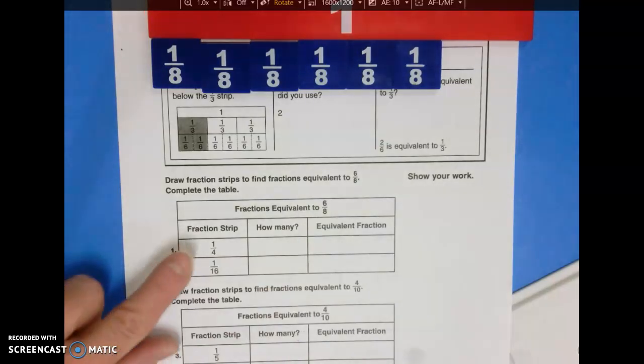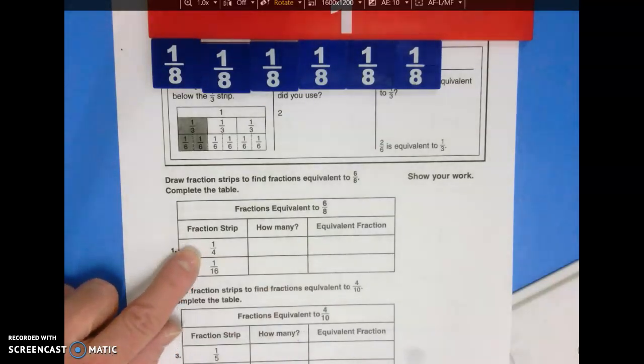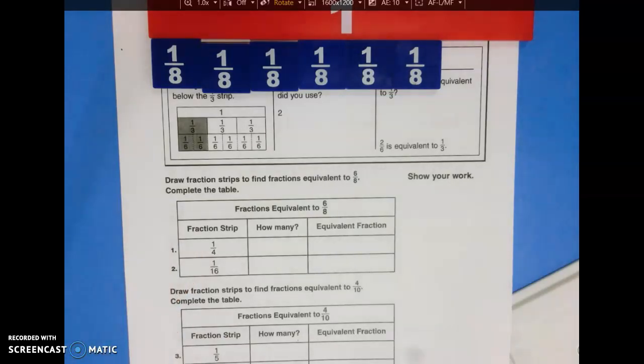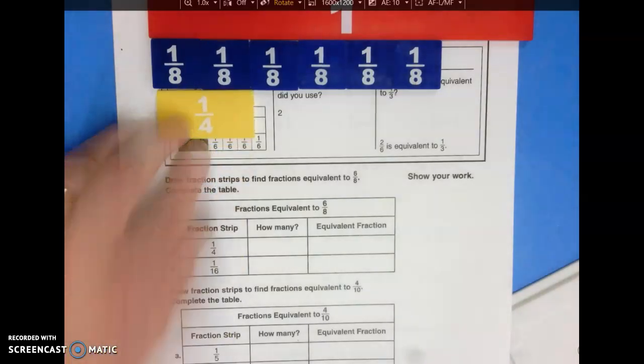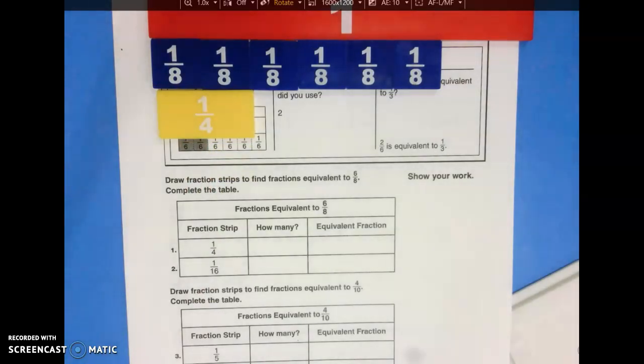Now, if I look at my fourths, which are yellow, how many pieces of the 4th size do you think would equal it? Well, use your fingernail, slide it up, and let's see if you're right. We are trying to make 6/8. So there's 1/4.